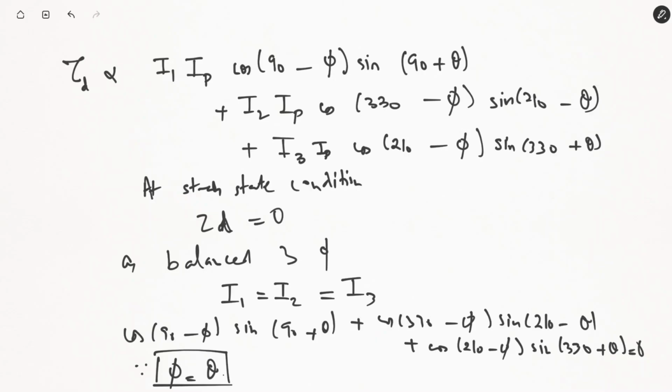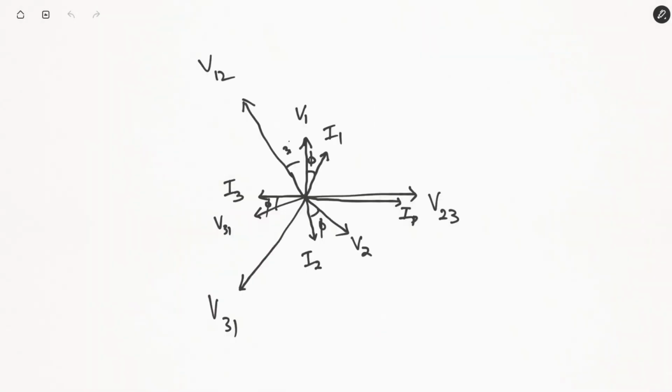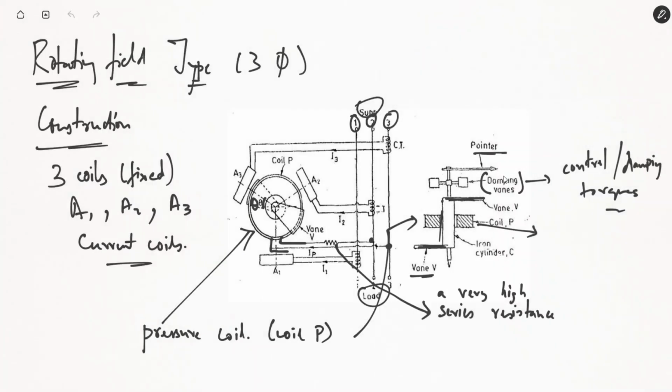To make sure that the drag is nullified, we are using damping vanes. They will be in opposite directions, so they will cause a rotation in the opposite direction and bring the system back to standstill. That makes sure the speed of rotation is damped out.